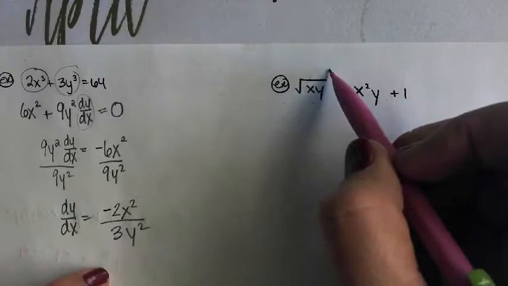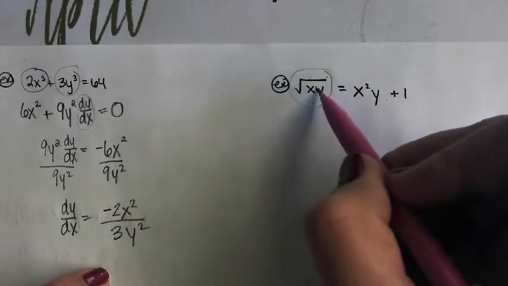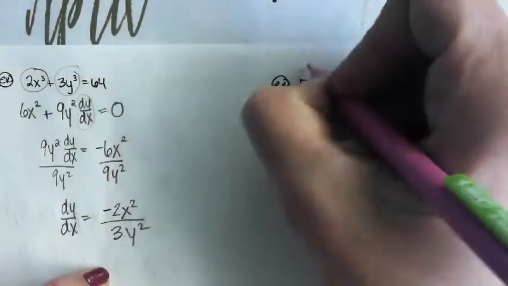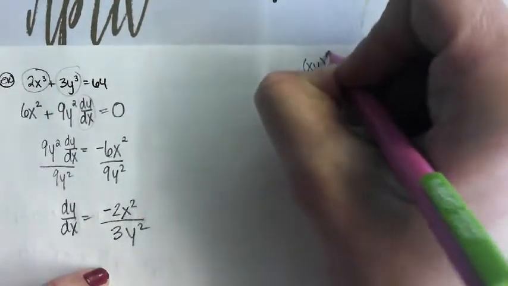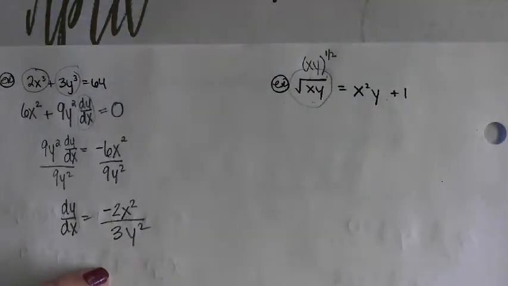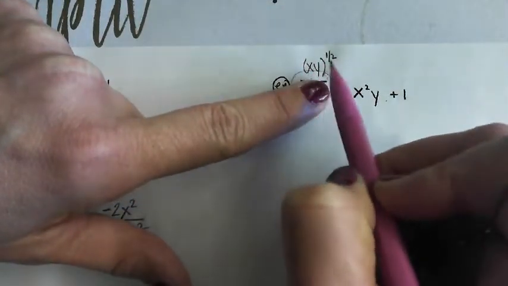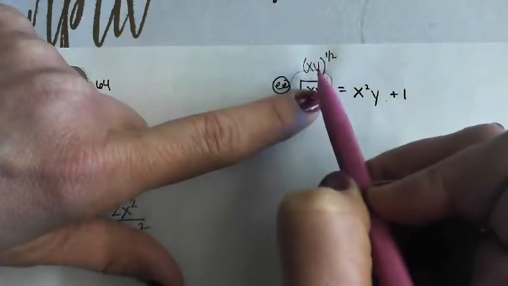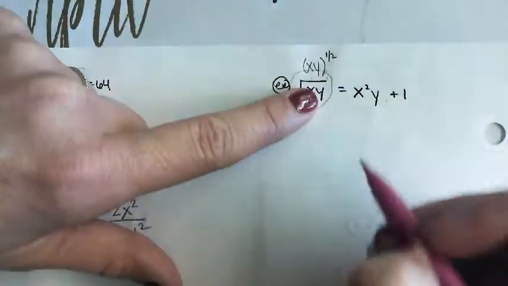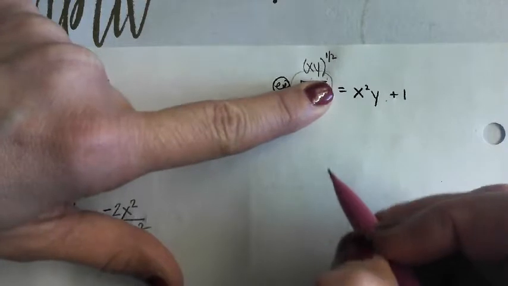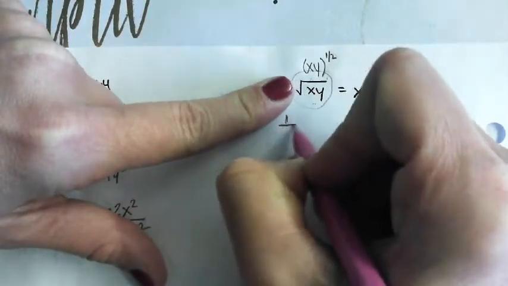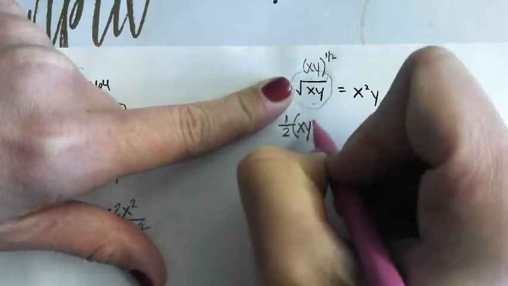All right, second one. This is technically xy to the 1/2 power. So when I first go to apply a rule, Kyle, what rule do I apply first? Power rule, yep, followed by, right.